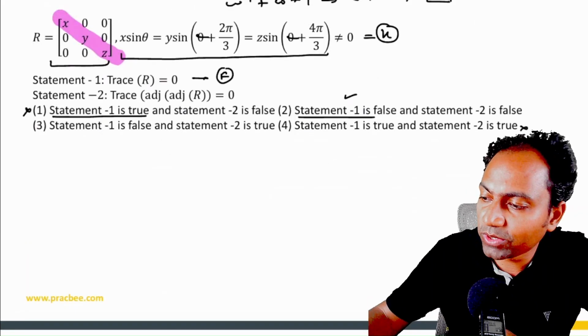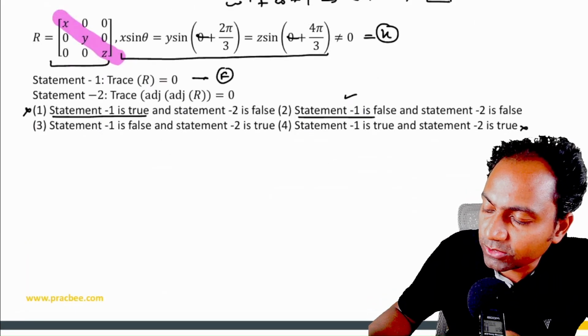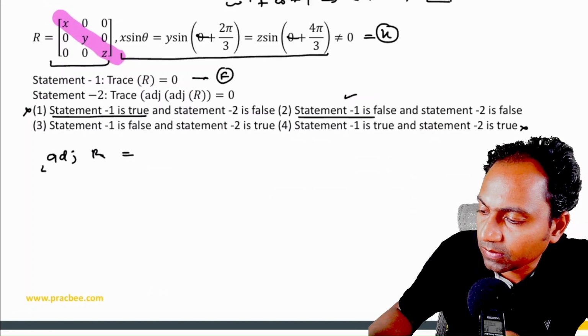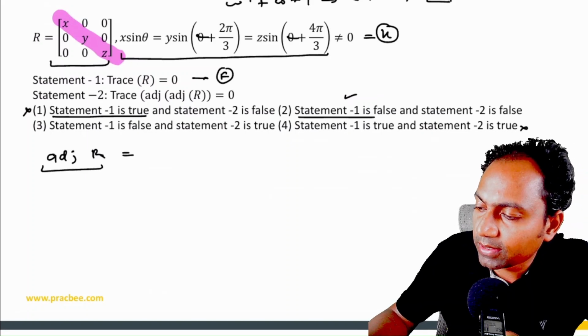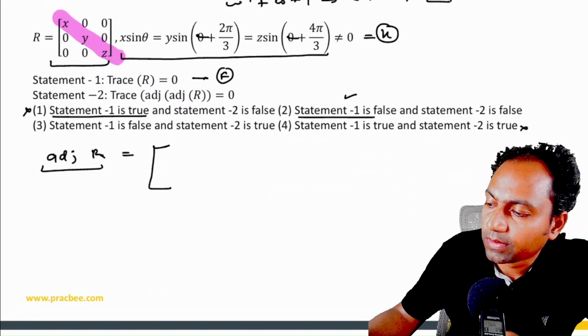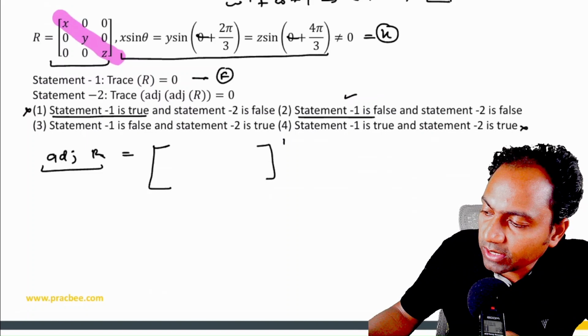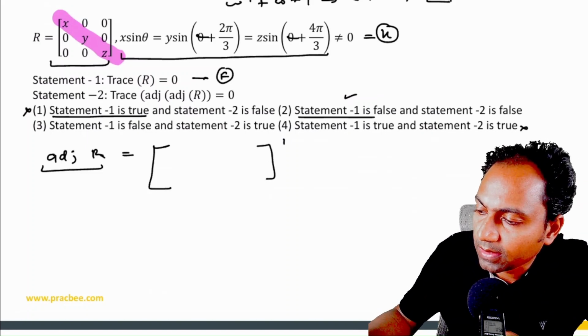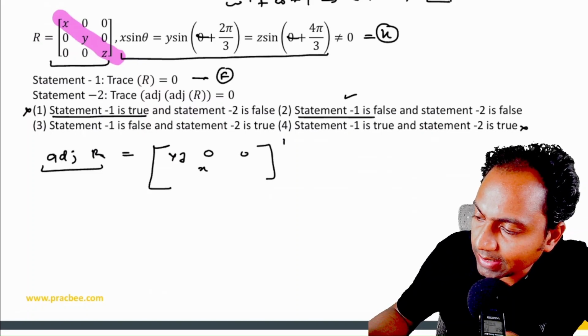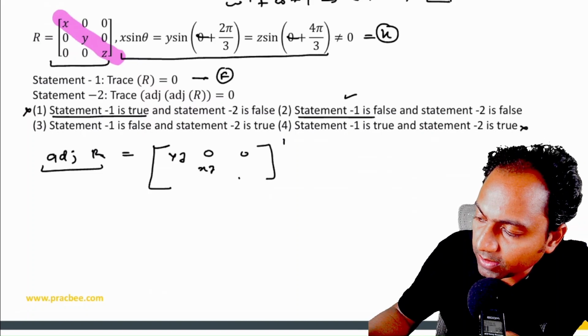If I want to do it further, I will have to find the adjoint of R. If I find the adjoint of R, you can see that it becomes the transpose of this, so this becomes yz 0 0, and this will become xz, and this will become y, x.